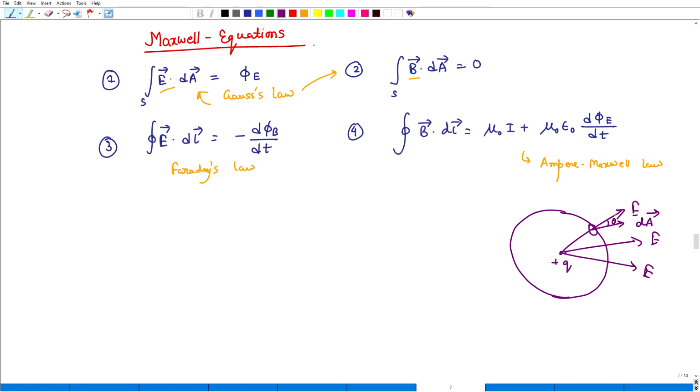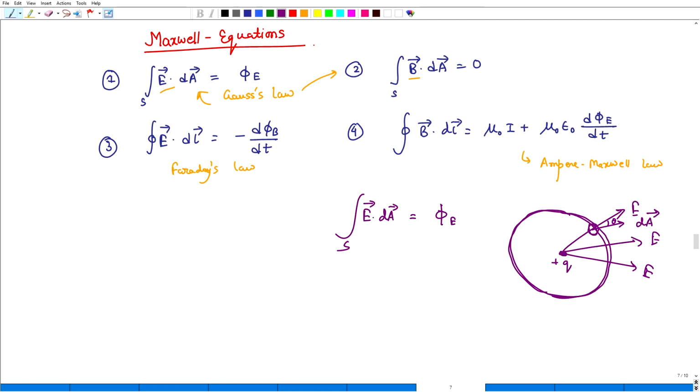Then we can write the flux. Flux means the amount of electric field emitting from this surface of the sphere, and that is the surface integral, essentially E dot dA, as I discussed before. This is for a small surface dA. Now if we integrate over all the surface, then it will be the total flux, phi E.